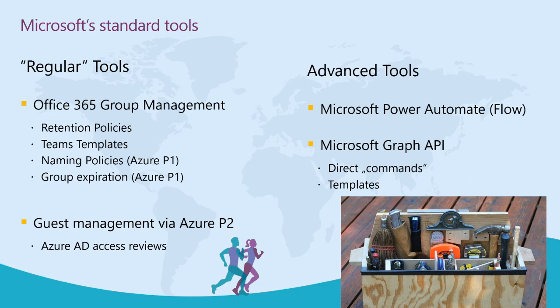For example, the Graph API is an underlying structure in the back end of all Microsoft 365 products, and you get access to this Graph API to trigger an event, and this event happens in the back end. I will show this in a demo in a couple of minutes.